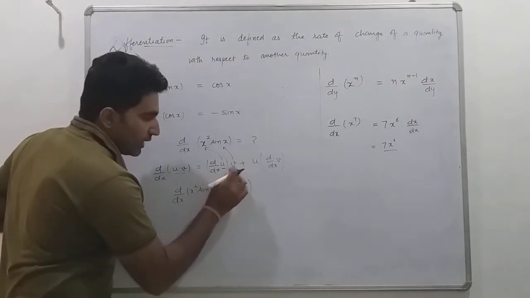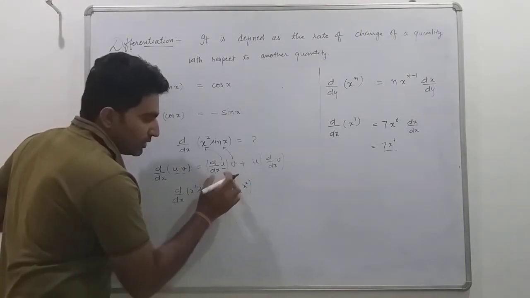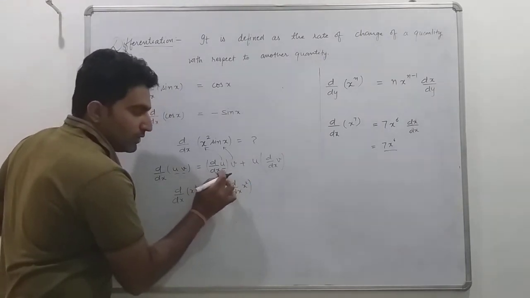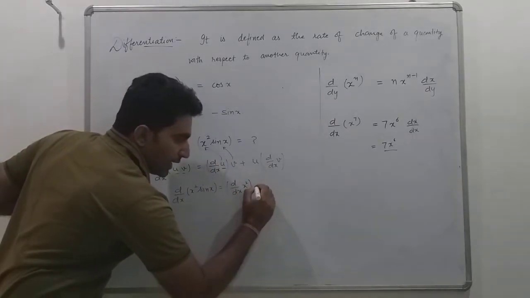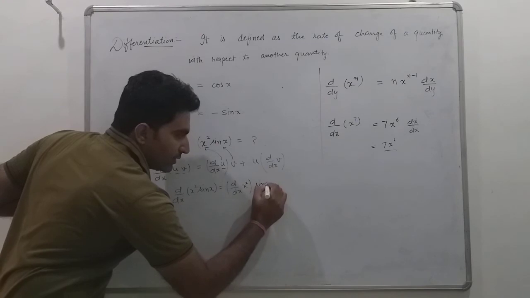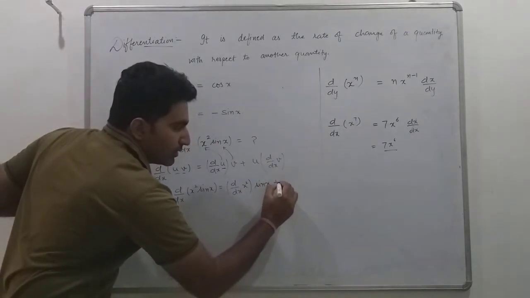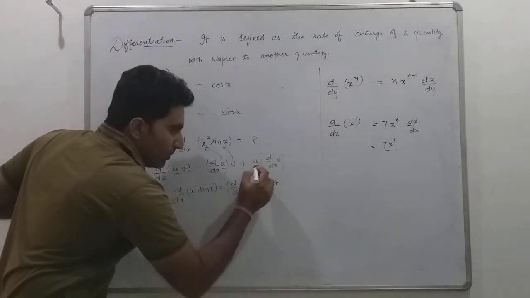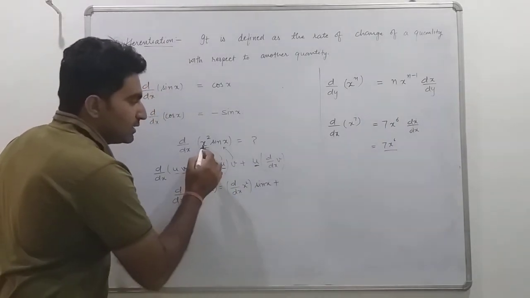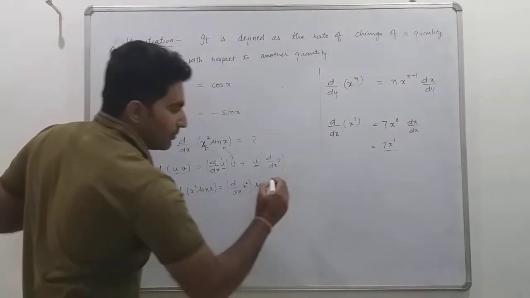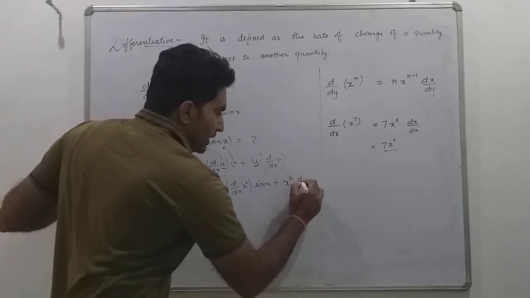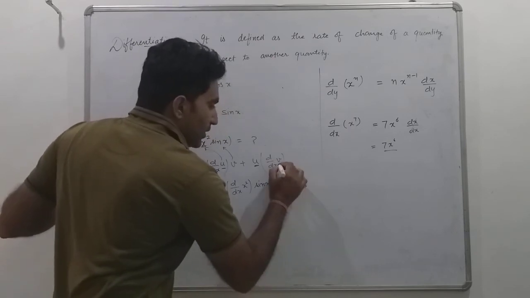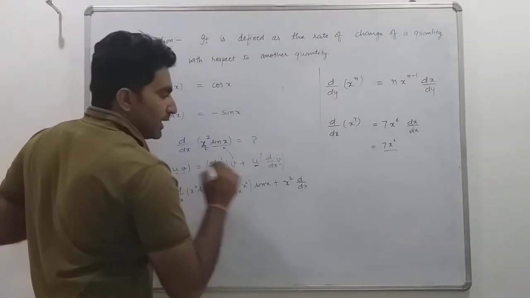So here sine remains as it is, because in the first term we differentiate u and v remains the same. So sine of x remains the same, plus again u remains the same. Now u remains the same means x square remains the same. So we write x square as it is, and d by dx of v means differentiation of sin x.